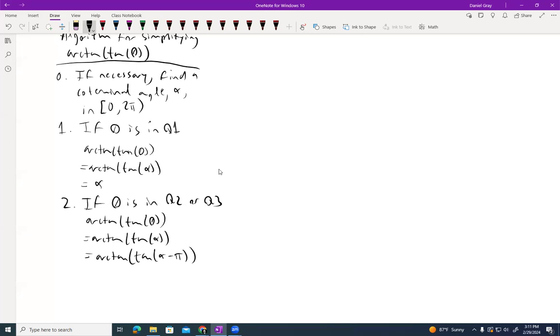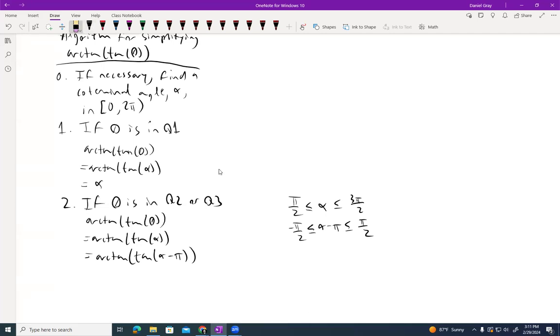If you're in quadrant 2 or quadrant 3, that means that your alpha is between pi over 2 and 3 pi over 2. So then alpha minus pi will be between negative pi over 2 and positive pi over 2, subtracting pi from all three sides there. And so this will be in the right range then.